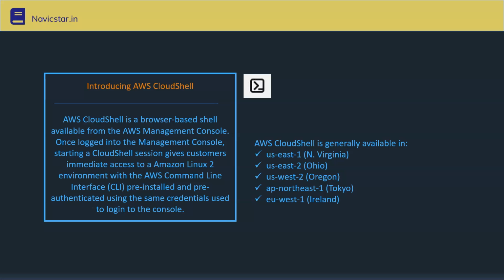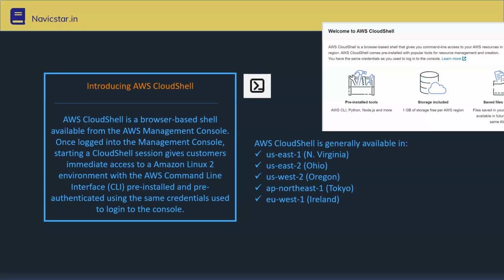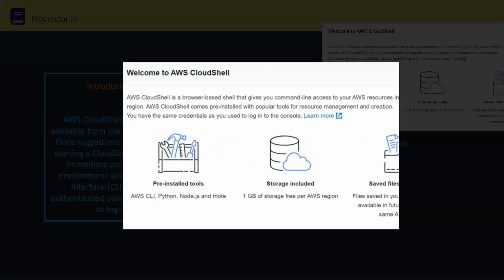This is available in the regions I've mentioned here. You can take a look. It is just a beginning, so that's why only these 5 regions, but of course it will be expanded very fast to all regions. Let's check out what is in this. When you open the CloudShell, it will come with pre-installed tools. Yes, CLI is there, of course.